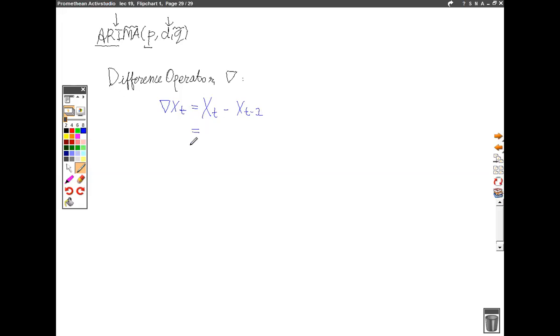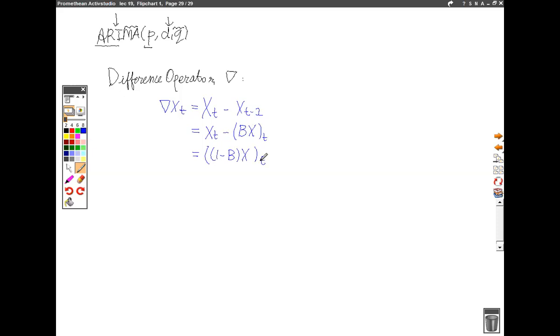And remember, now I can rewrite this xt-1 as B xt, and again I can rewrite this whole term as (1 minus B) xt.